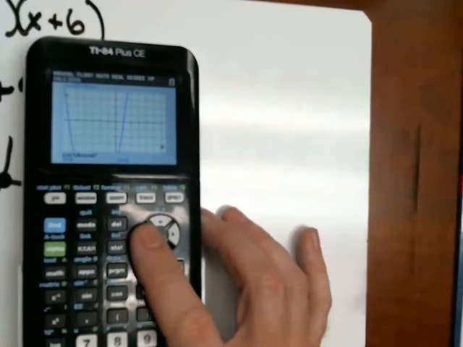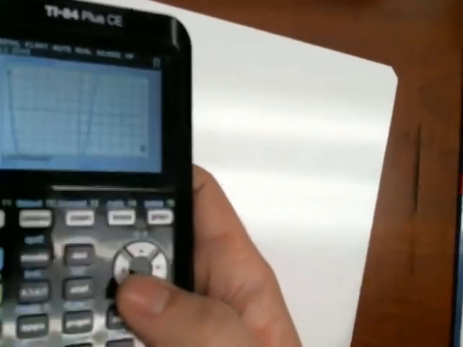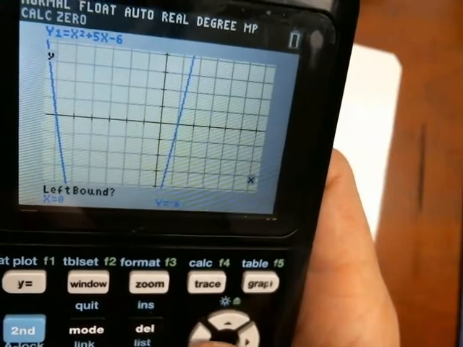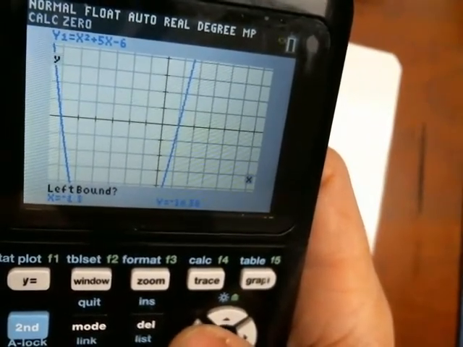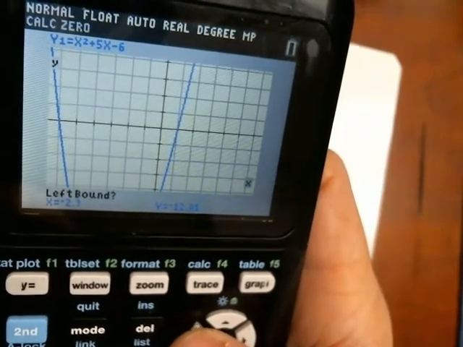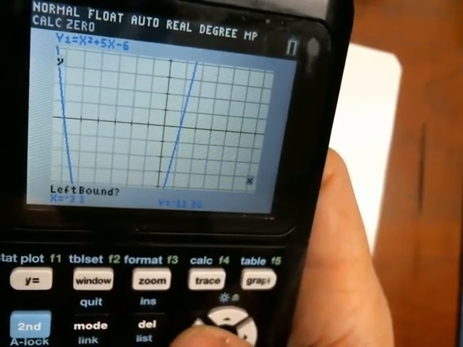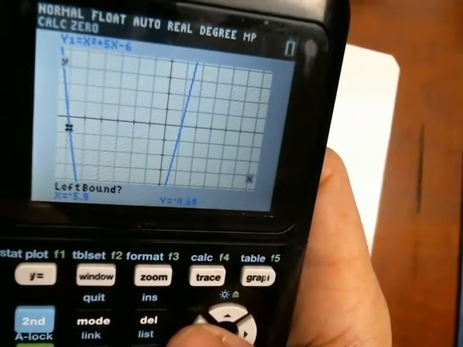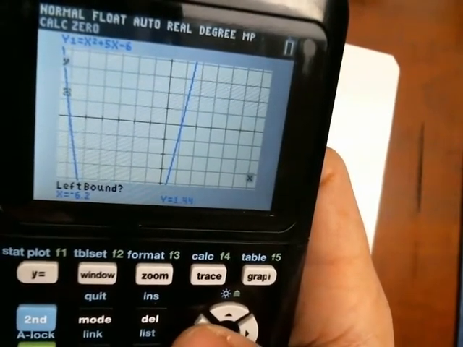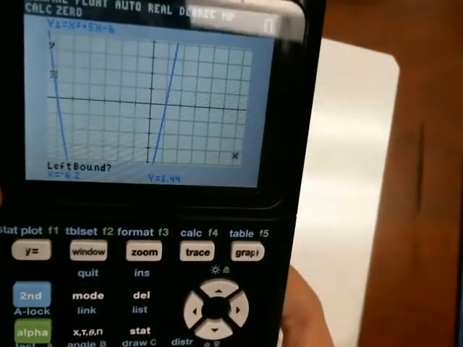But it does come with a funny thing here on our calculators. When we ask it for a zero, let's see if we can get this to focus here for us. There we go. It starts by asking for left bound, and so we've got to use our arrows and scroll over just to the left on my graph here. There's my cursor. Move it a little bit to the left of where I think it's crossing and hit enter.